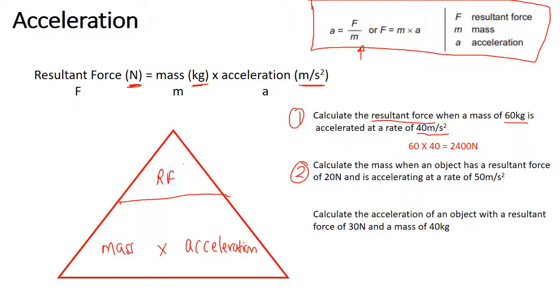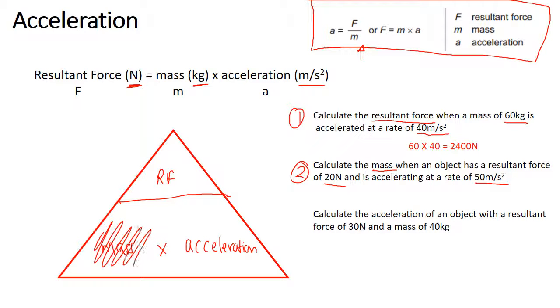Now if we look at question 2. For question 2, I need to calculate the mass, and I know the resultant force. I've got a resultant force of 20, and I've got an acceleration of 50 meters per second squared.